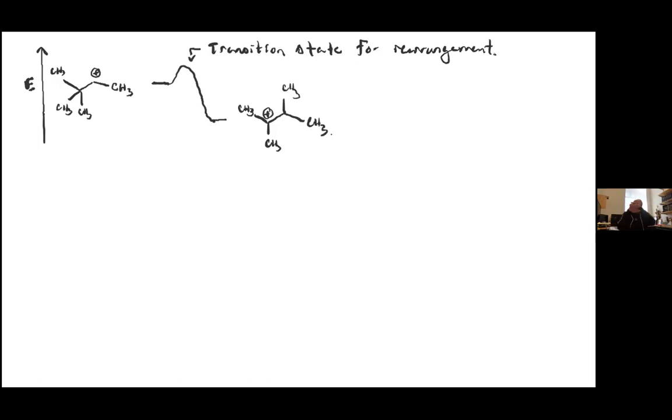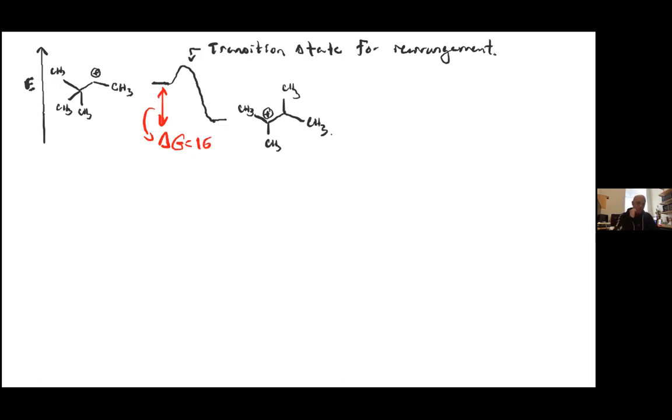The top of that saddle corresponds to the transition state for the rearrangement. The difference in energies here is equal to, hopefully you can guess it, 16 kcals per mole.